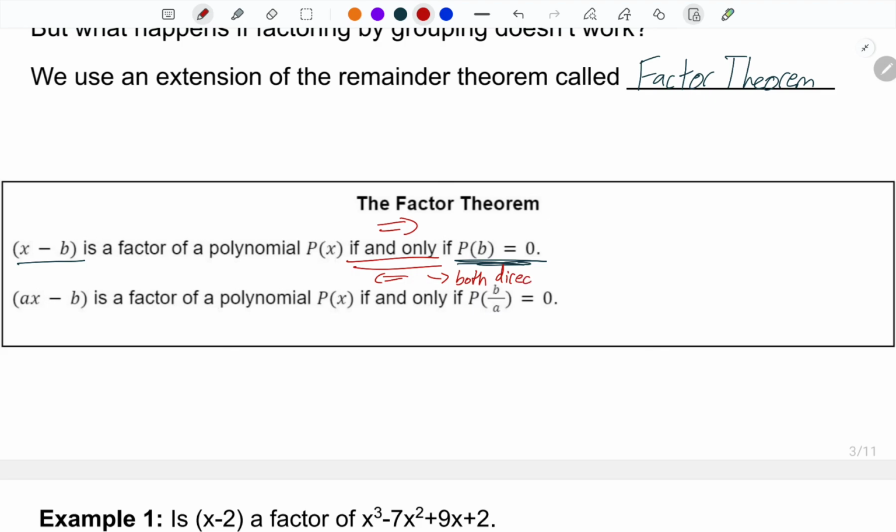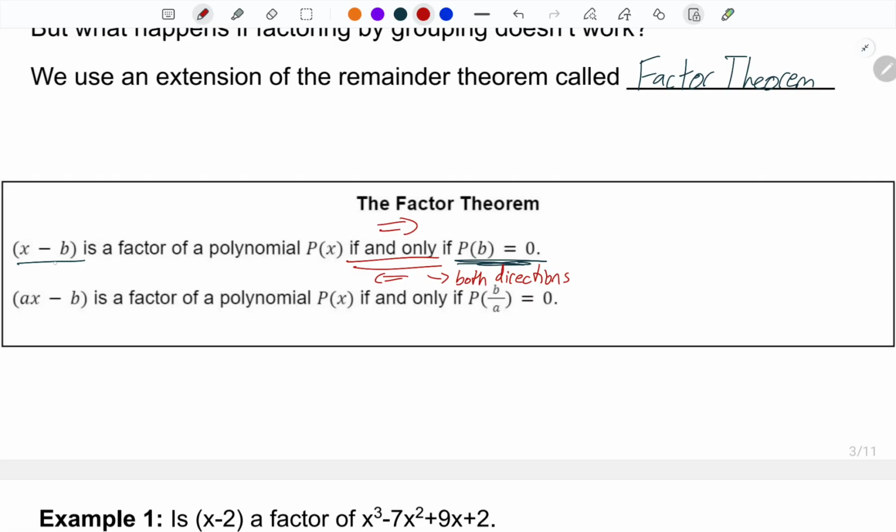So what that also means is, if I find something that has remainder 0, that number that I've plugged in will also form a factor.